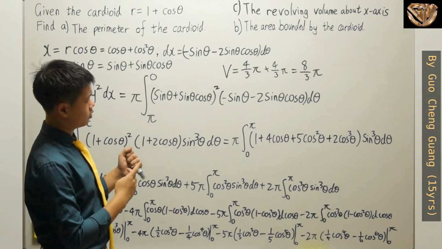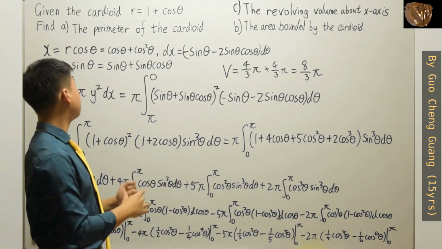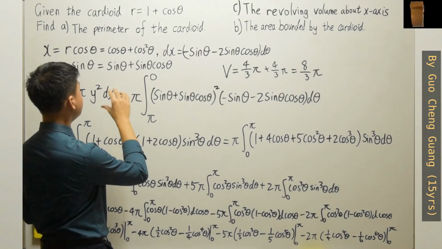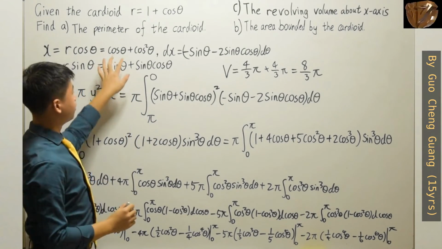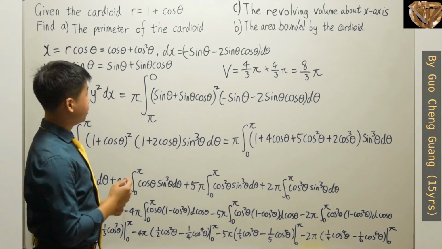I'm just going to do another quick summary of what methods are used here. Firstly, you'll want to change from your polar coordinates into a set of parametric equations, which is shown over here, your x and your y. So these are your parametric equations.